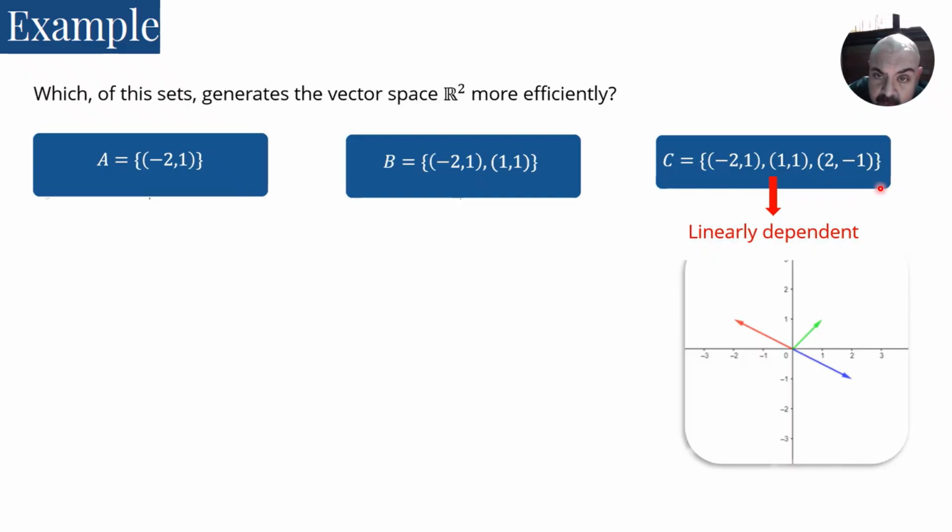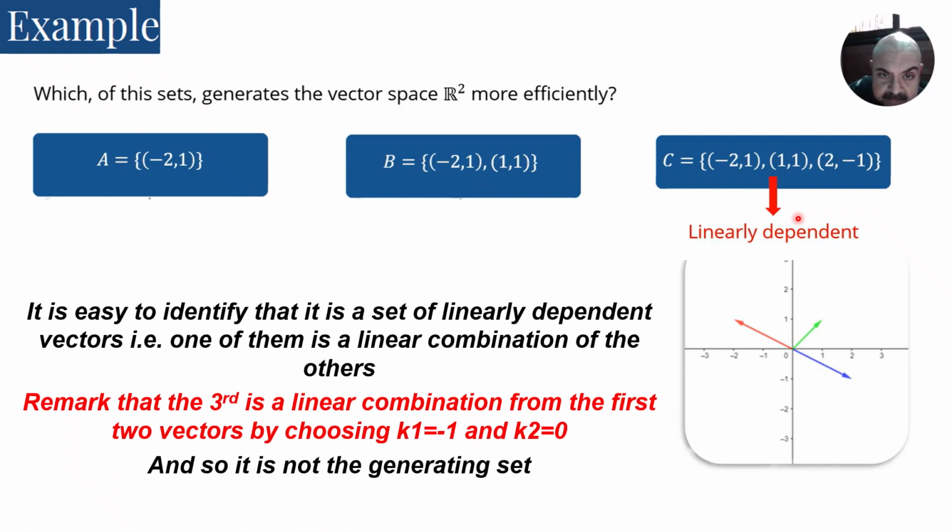The third vector can be easily obtained from the first vector simply by multiplying by -1. This is obvious in this case, but in general, I would put them in matrix form and search for the linear independence. It is easy to identify linearly dependent vectors, where one of them is a linear combination of the others, and I've explained the reason.